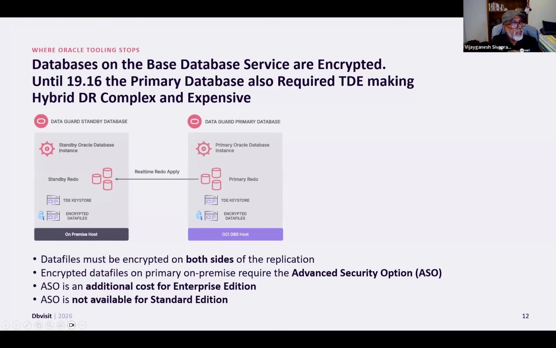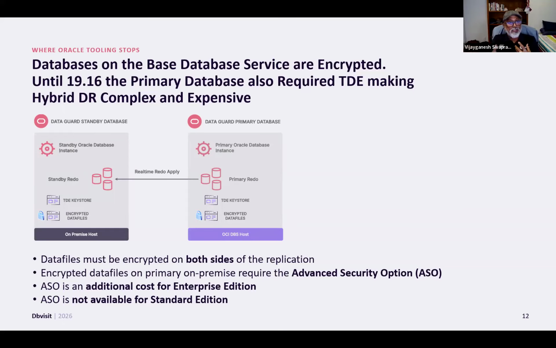And when it comes to base database services, as I have already said in the previous slide, TDE is enforced. So any database that is created in your OCA DBCS environment is encrypted. Until 19.16, it requires TDE to ensure that your standby, the on-premise environment or any kind of environment that you are creating outside of the cloud, is encrypted as well.